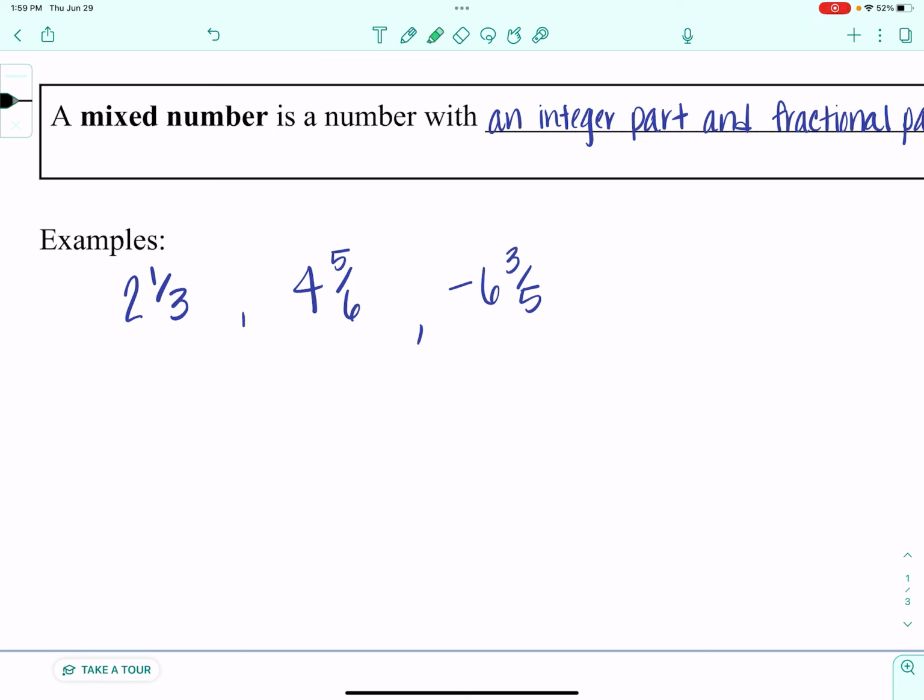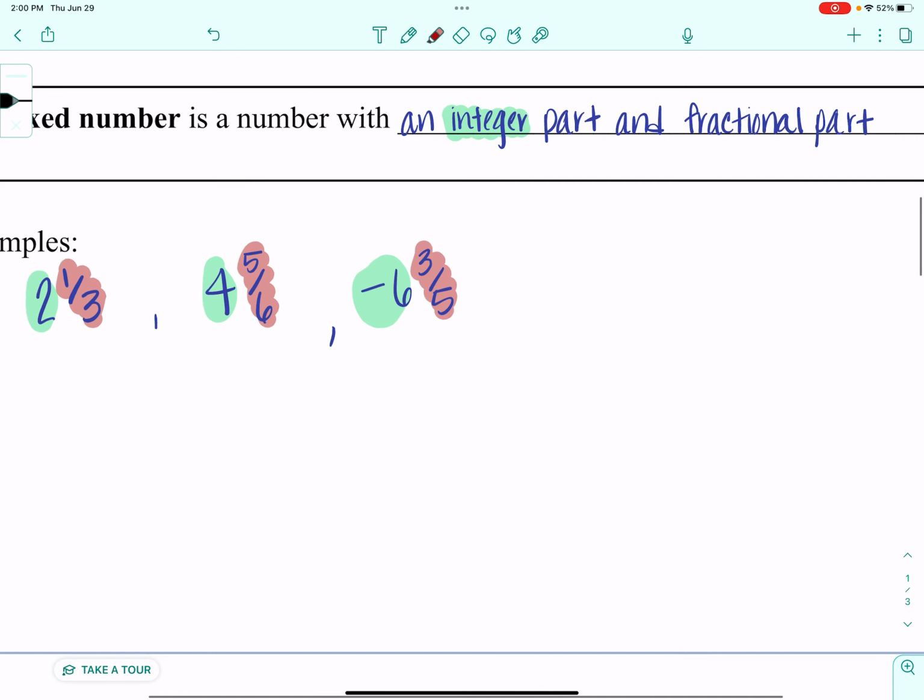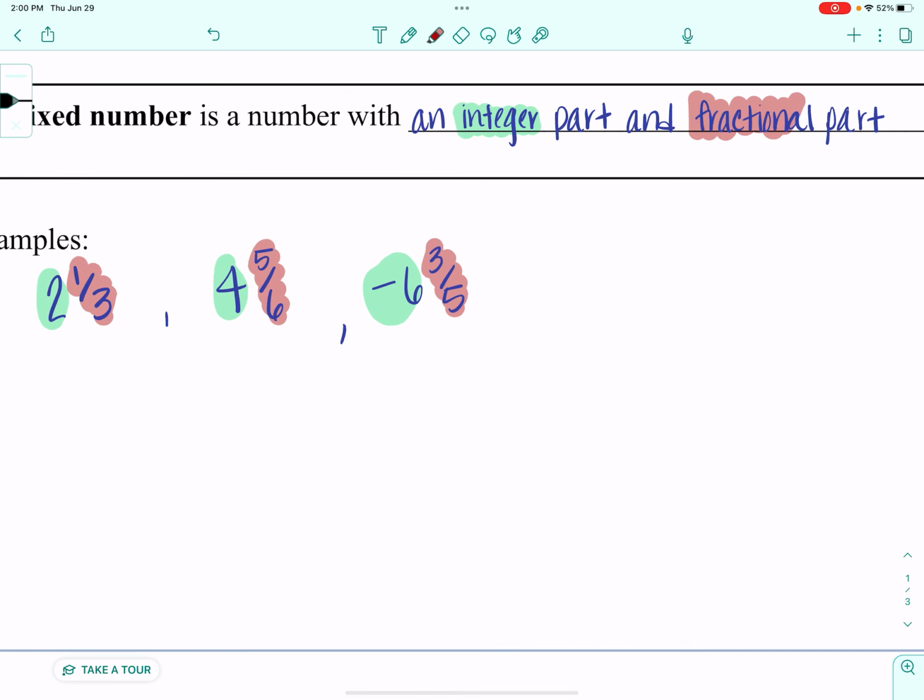Each of these has an integer part and each of these has a fractional part. So here's the fractional parts.